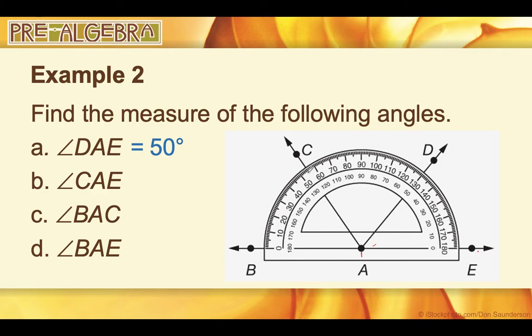We know that this angle is not 135. It should be 125 degrees. Again, if I were to look at this and say, oh, angle CAE, that's 55 degrees. Wrong. Make sure you're very careful.